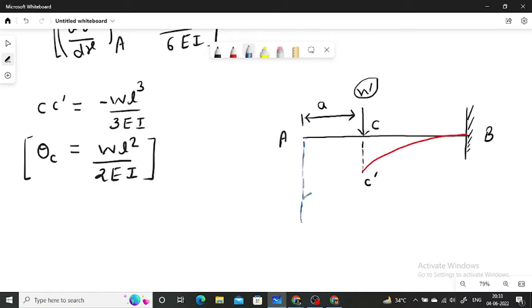The section AC will go straight like this, in a straight line.